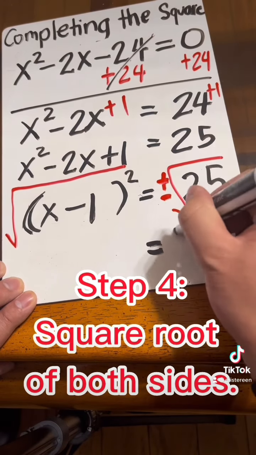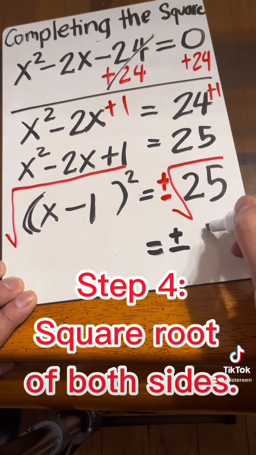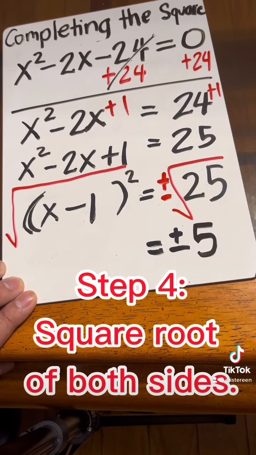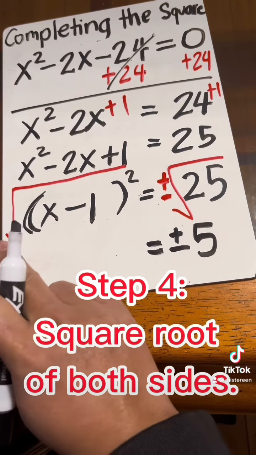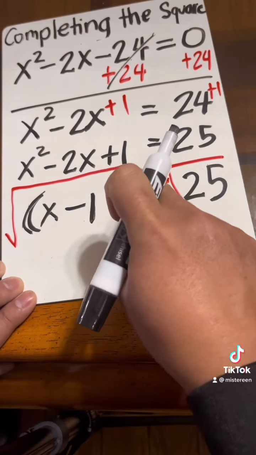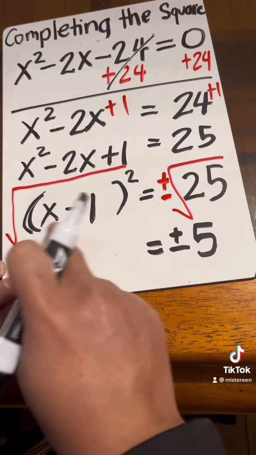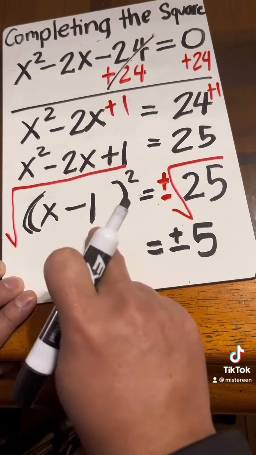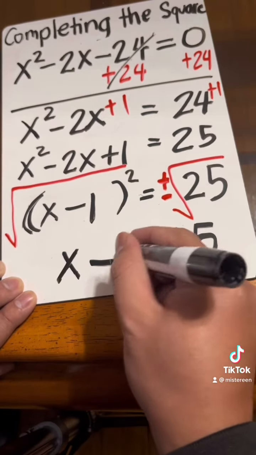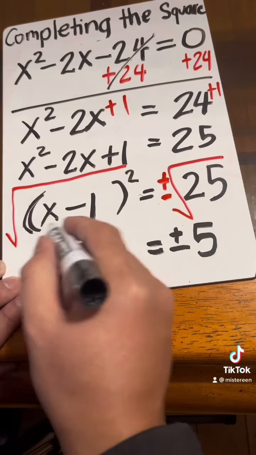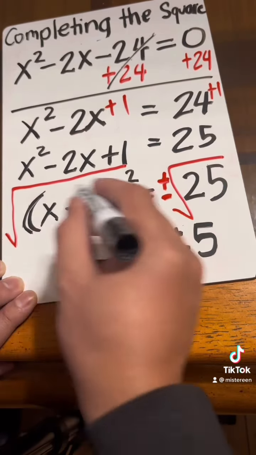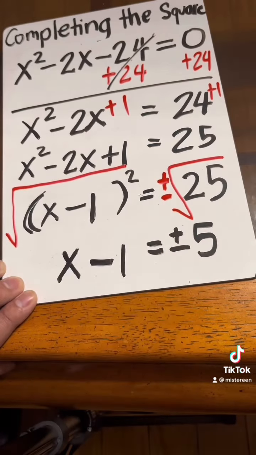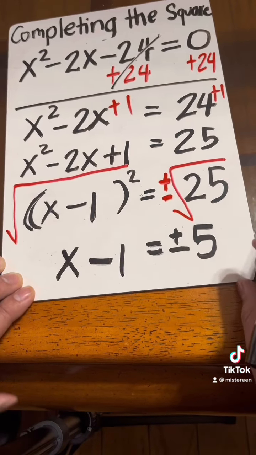On the right side, just bring down the plus and minus. The square root of 25 is just positive 5. In here, all you have to do is get rid of the square and just write whatever is inside the parentheses. So x minus 1. The square root of x minus 1 squared is just the number inside the parentheses, x minus 1. So you have x minus 1 equals plus or minus 5.